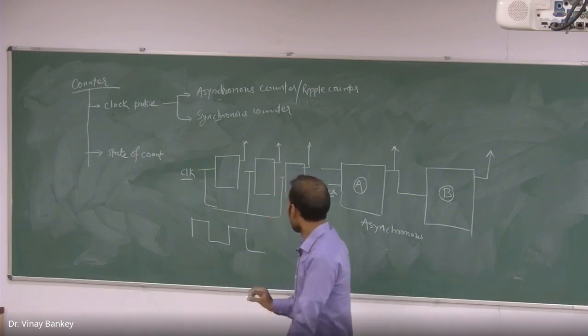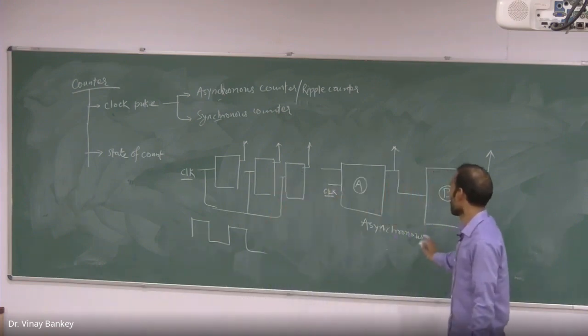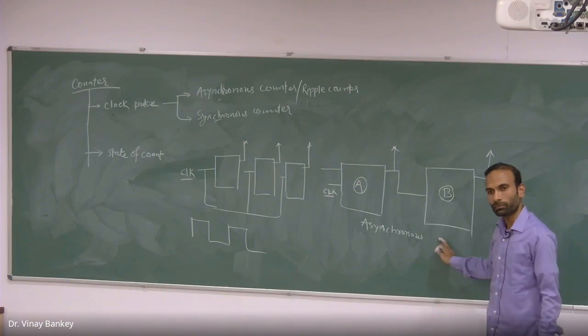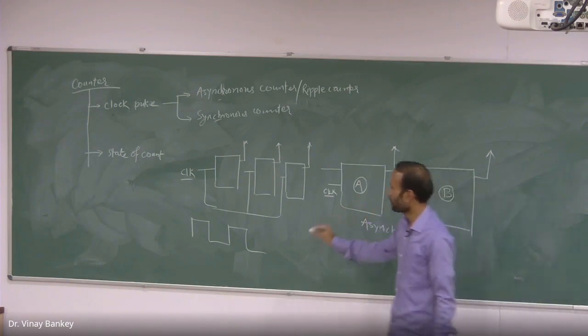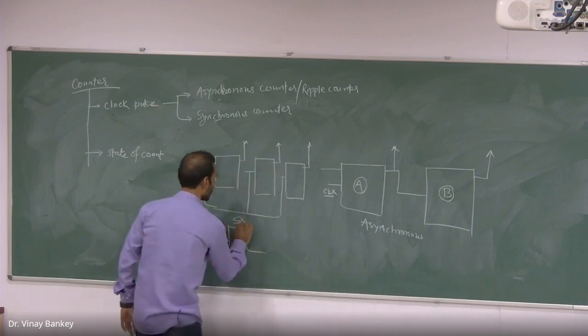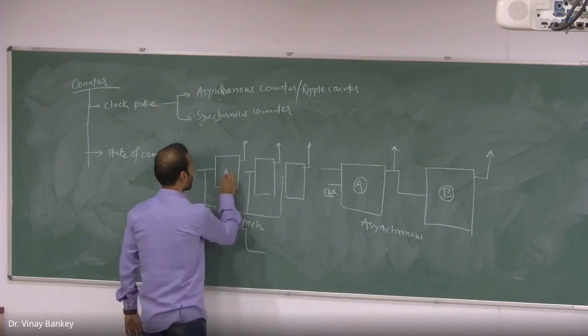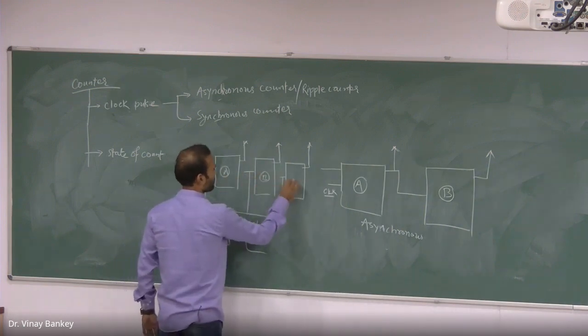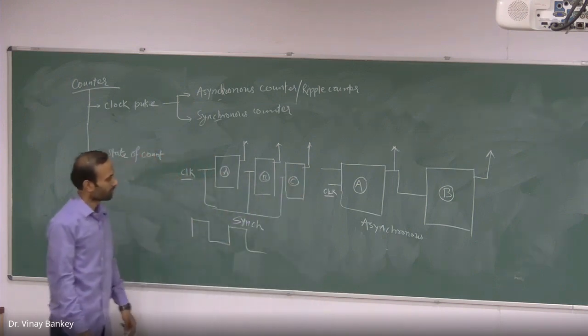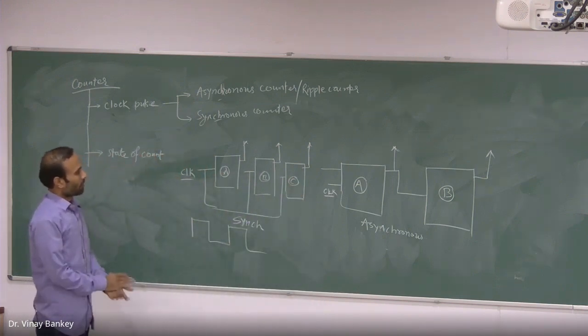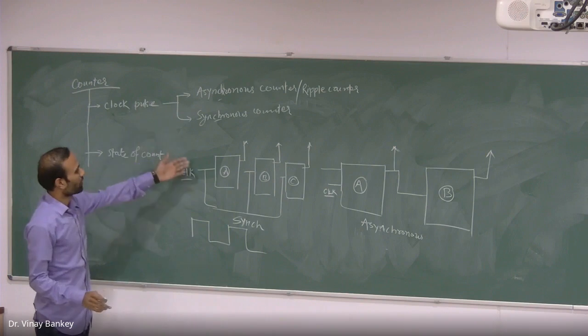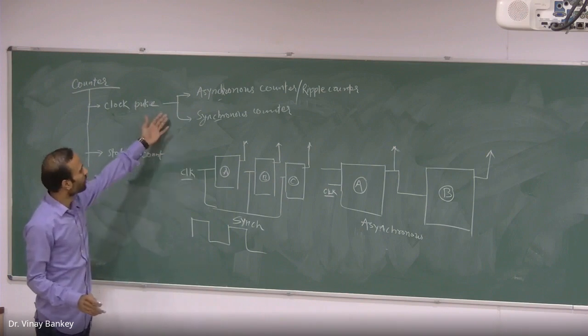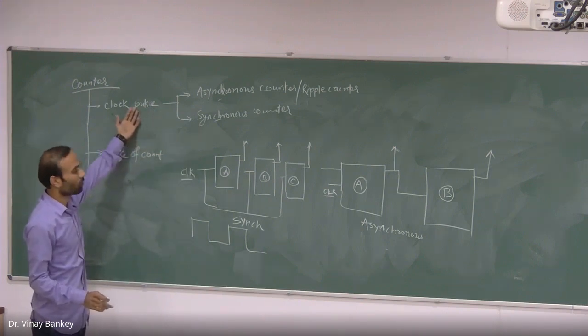And the second difference is that the asynchronous counter will be slow due to the clock pulse arrangement, and the synchronous counter will be fast. So these are the two types of counters based on the clock pulse.